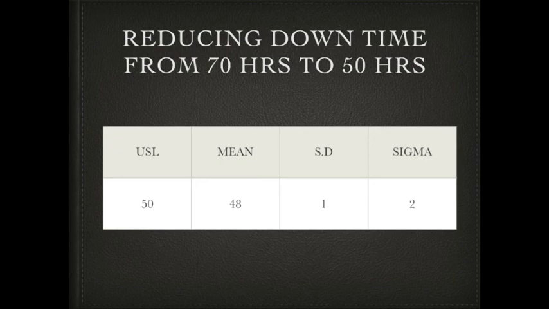Here the upper specification limit is 50, the mean level is 48, the standard deviation is 1. The difference between mean and the upper specification limit is 2, and we can accommodate just 2 standard deviations between mean and the target, so it is 2 sigma level.